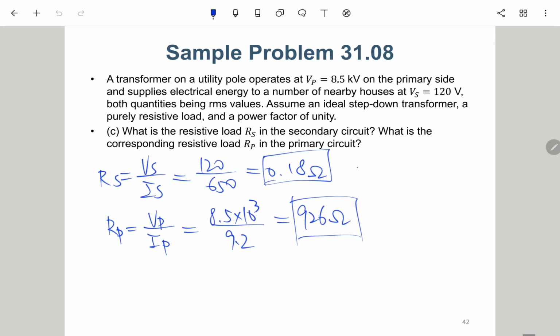Okay, so actually the sample problem is up to here, but I will tell you the story about why we need high voltage to transfer the energy.